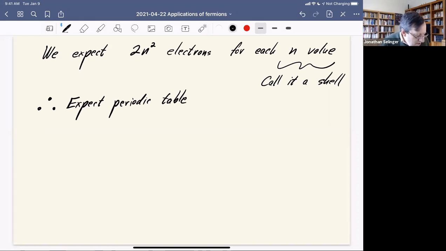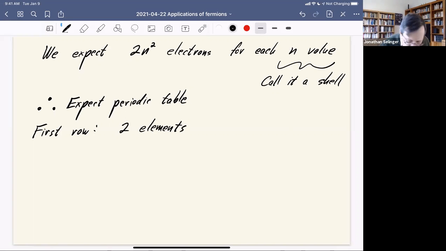Okay, so for the first row, we should get 2 elements, right? We could get hydrogen and helium, right? Elements with 1 electron per atom or 2 electrons per atom, okay?